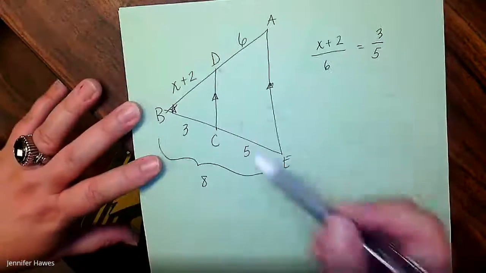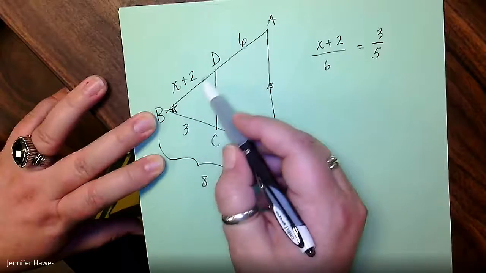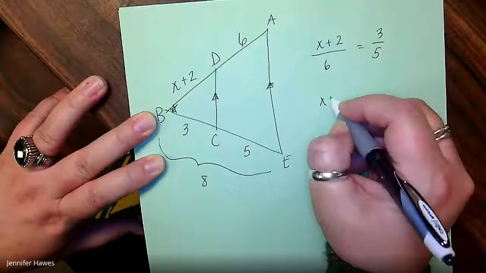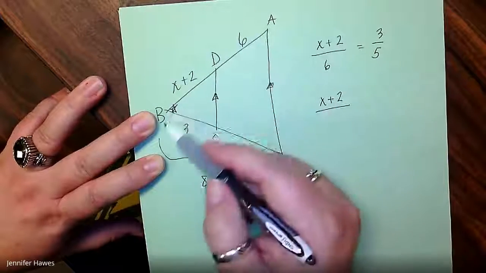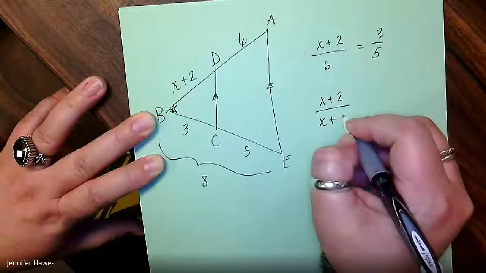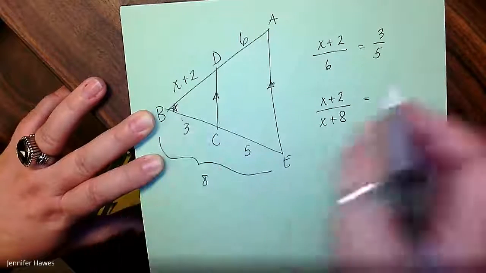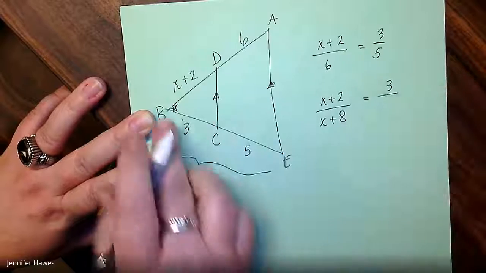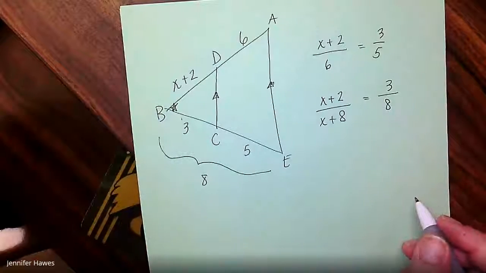I could set this up as you have these two triangles. So I could do triangle side, x plus 2, over this whole triangle side, which would be x plus 8. And then I could do little triangle side, 3, big triangle side, 8. Okay.